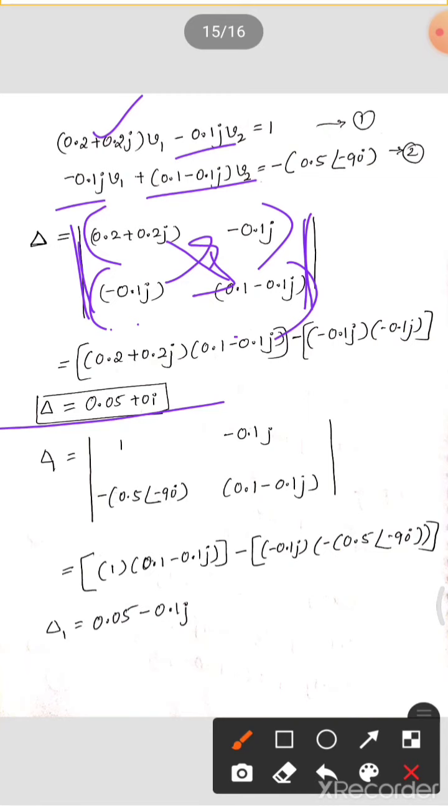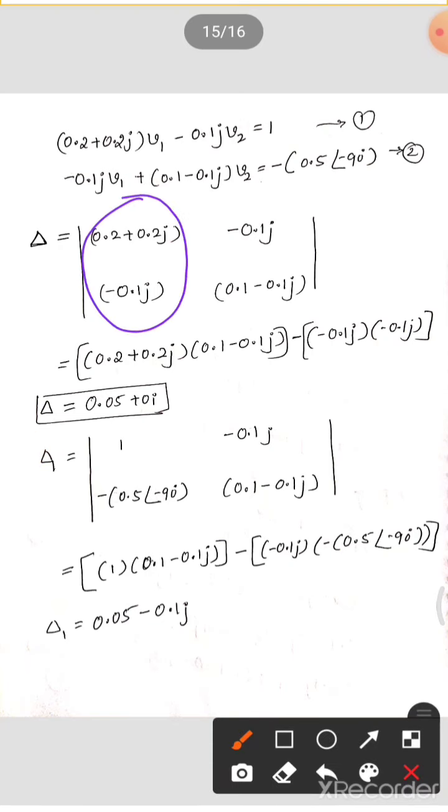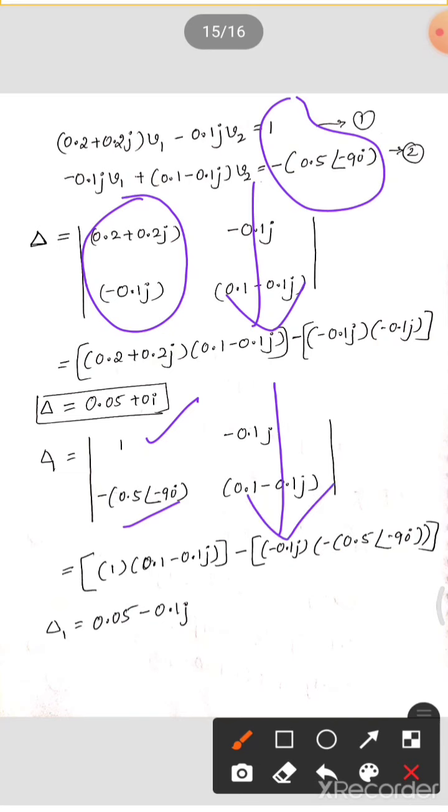Let's calculate delta 1. What we have to do for delta 1? The first column of this delta has to be replaced by your right hand side terms, that is the current sources, which are 1 and minus of 0.5 at an angle minus 90 degree. The second column remains the same, minus 0.1j and 0.1 minus 0.1j.